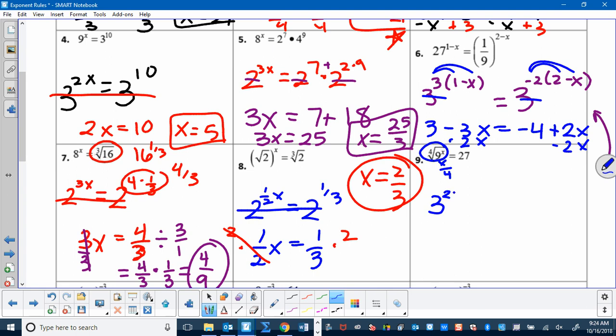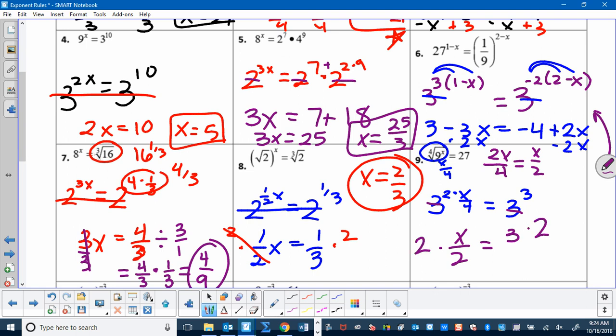Squared, and then times x over 4, bring that down, equals, how do I make this into a 3? 3 to the third. Cancel the 3's, guys. 2x over 4 reduces to what? X over 2. So this is really just x over 2 equals 3 times 2, times 2, x equals 6.